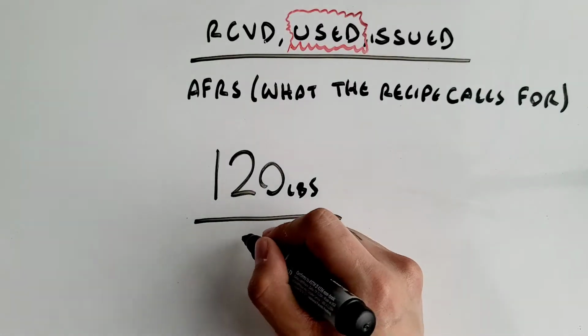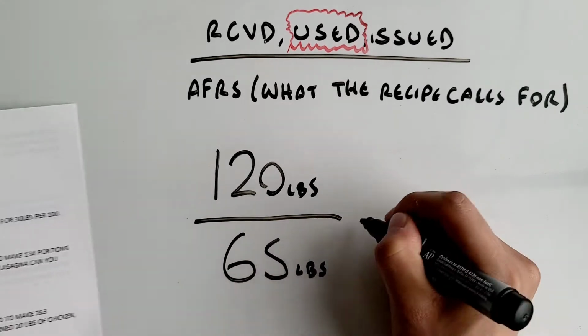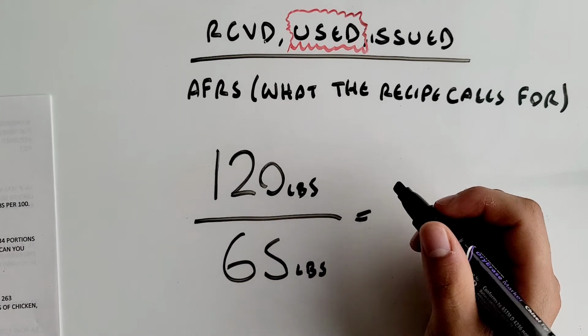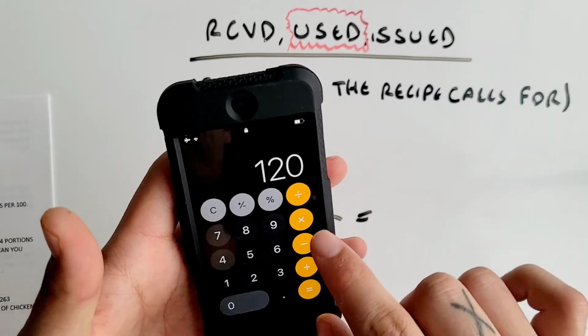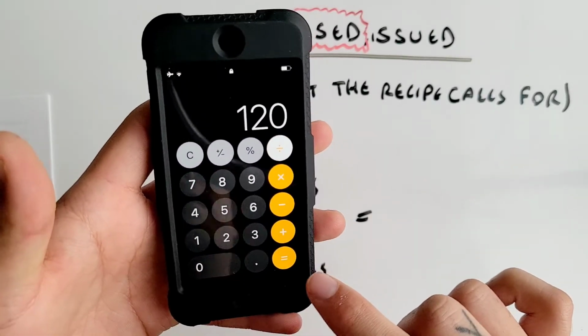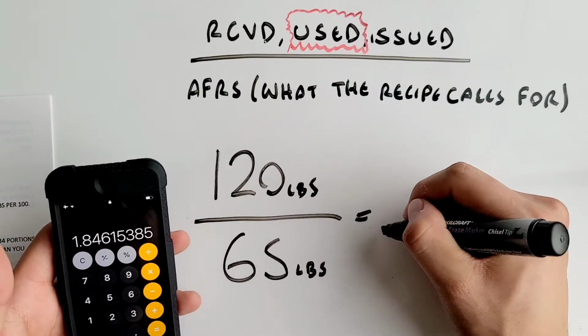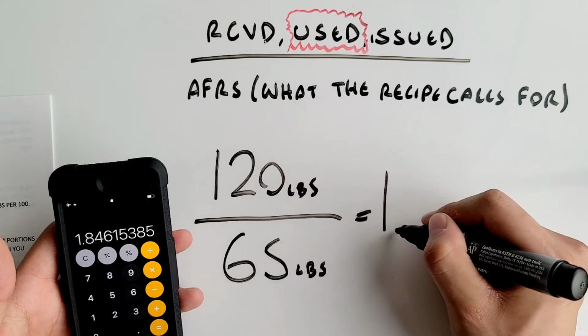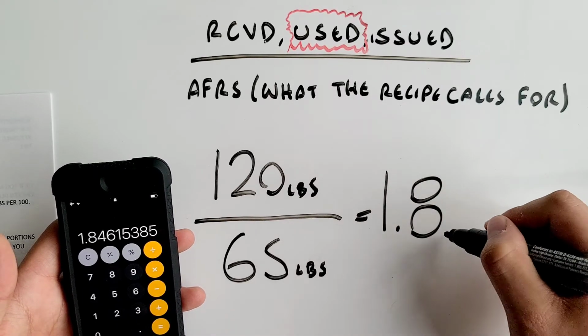So all you gotta do is put 65 at the bottom. And all you gotta do is just divide these two numbers together. So you got 120 divided by 65, which equals 1.85.